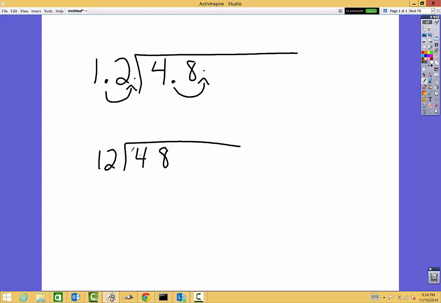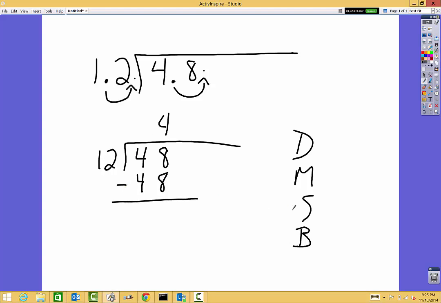And here, how many times does 12 go into 48? I know it goes in 4, and I'm going to use my "Does McDonald's Serve Burgers?" to remind me. I multiply next. 12 times 4, that's 48. Then I subtract. I get 0. There's nothing to bring down, so my problem is done. My answer is 4. So that was a very simple problem.